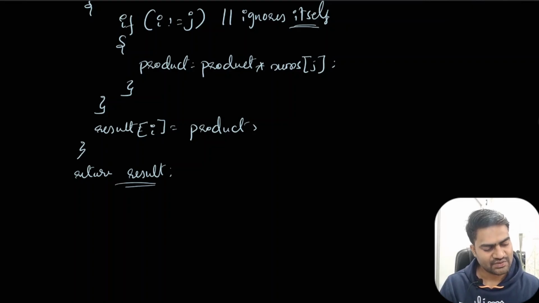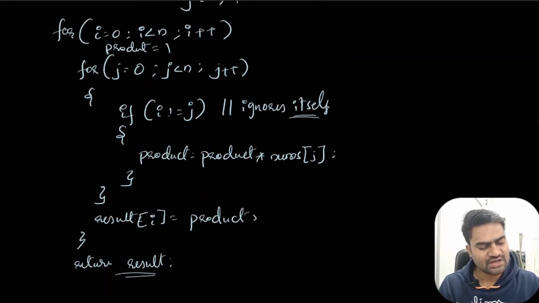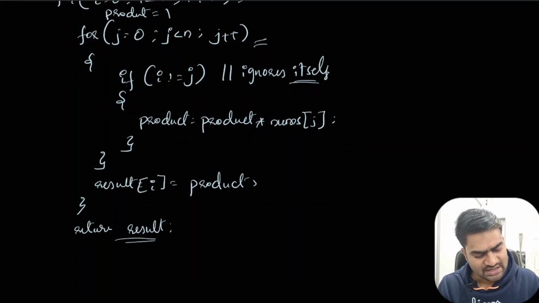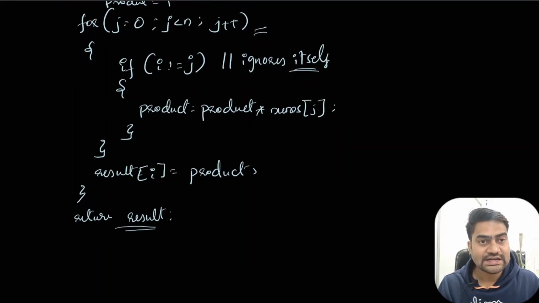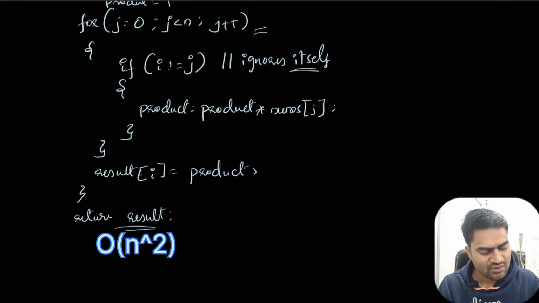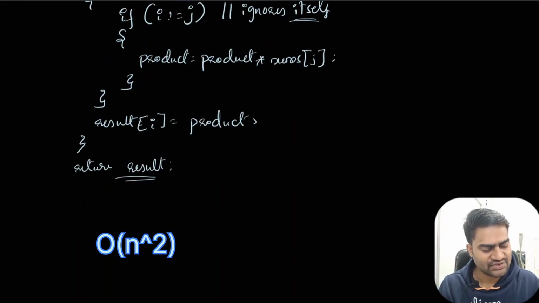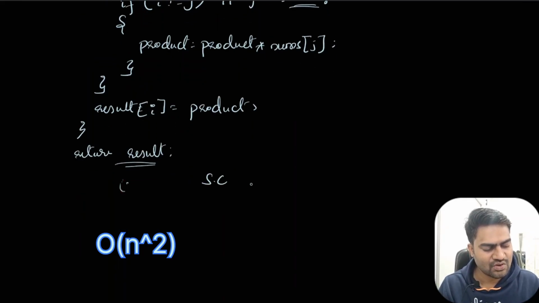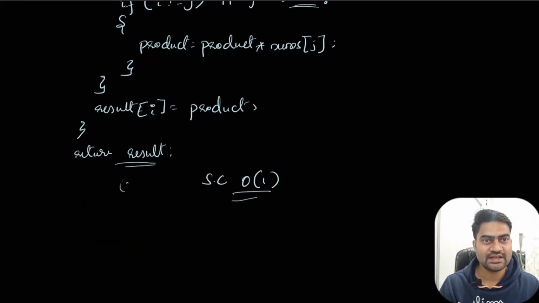If you have seen, there are n numbers and for each number we iterate n times. So our time complexity becomes O of n square. And our space complexity is O of n because we are using our results array.